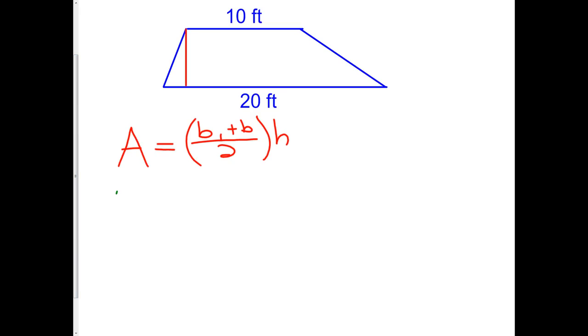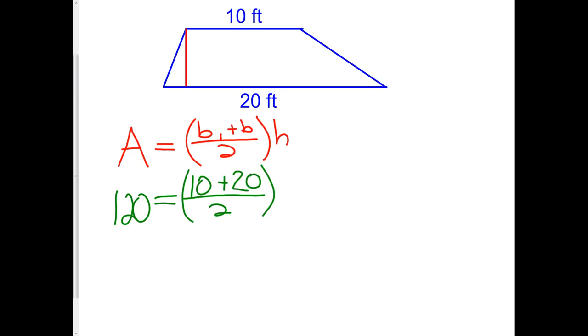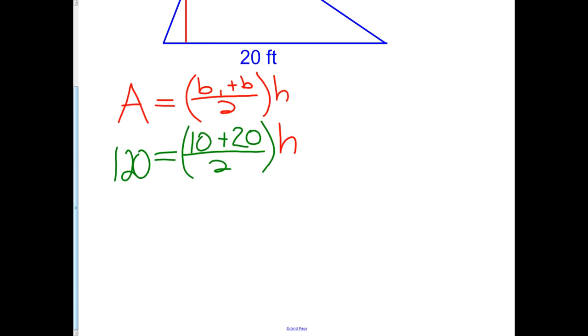Let's plug in what we know. The area is 120, base 1 is 10, base 2 is 20, and we have an unknown height. What we want to do is actually just solve this and simplify this as an algebraic equation.